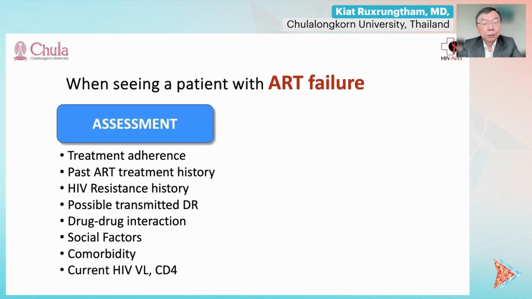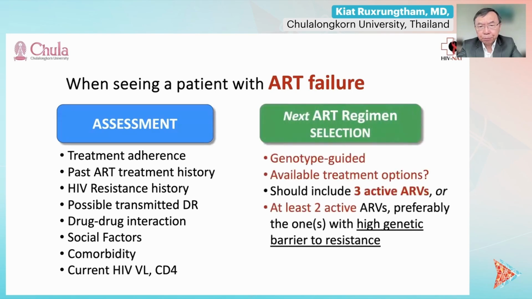Don't forget, and it's very critical in some cases, to explore potential drug-drug interactions and other social factors, and the patient's clinical status in terms of comorbidity and the current viral load and CD4. A higher viral load and very low CD4 are also associated with treatment failure.